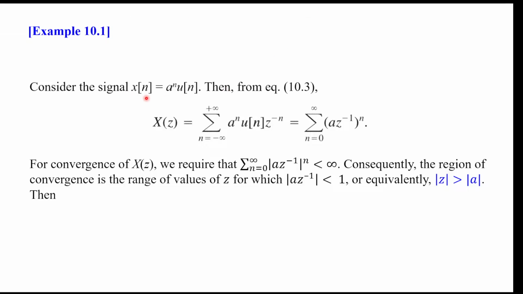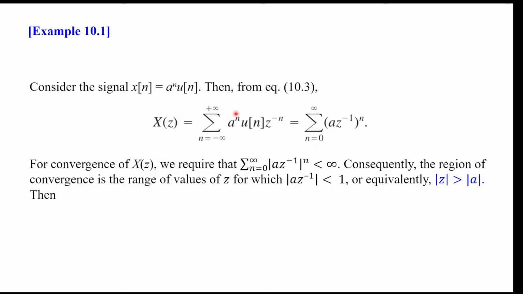We have x of n equal to a to the n u of n. If the absolute value of a is less than 1, then we have an exponentially decaying signal that is cut off at n equal to 0. We calculate its z transform directly from the definition.